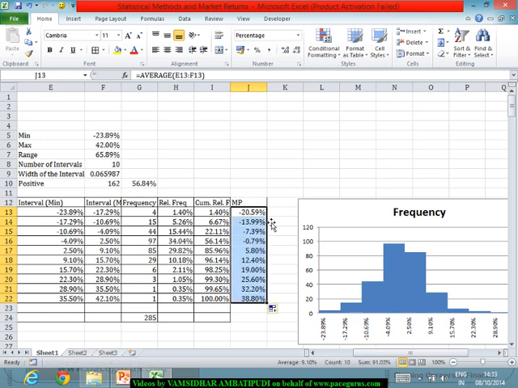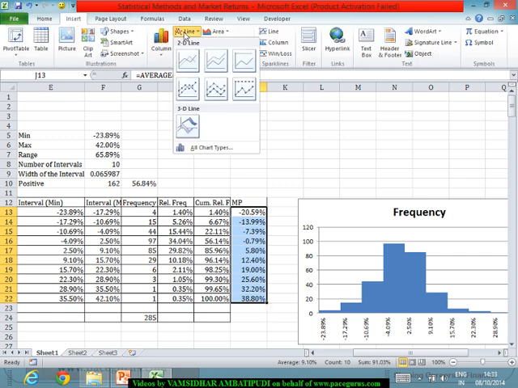Now what I am doing is taking the midpoints on the x-axis and the frequencies on the y-axis. So for different frequencies, I am plotting this kind of graph.